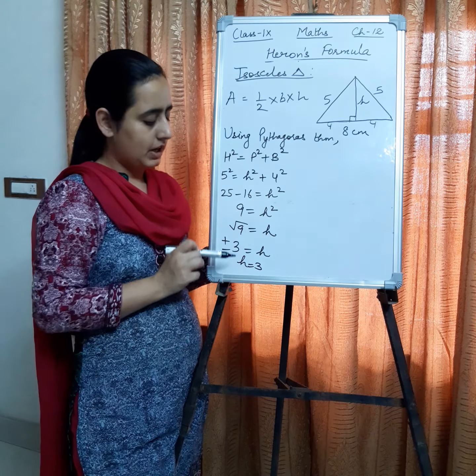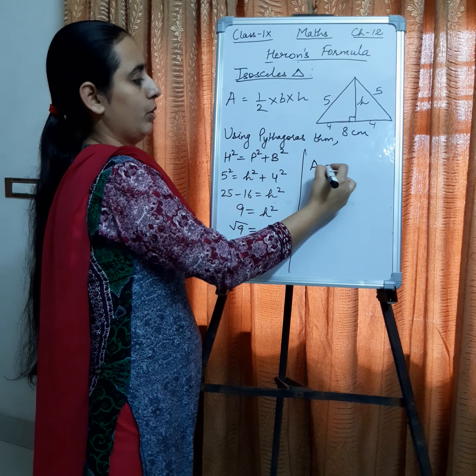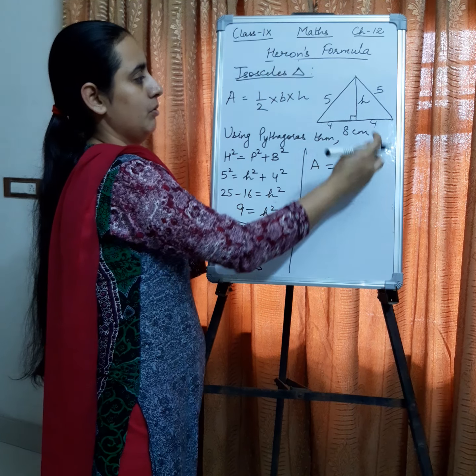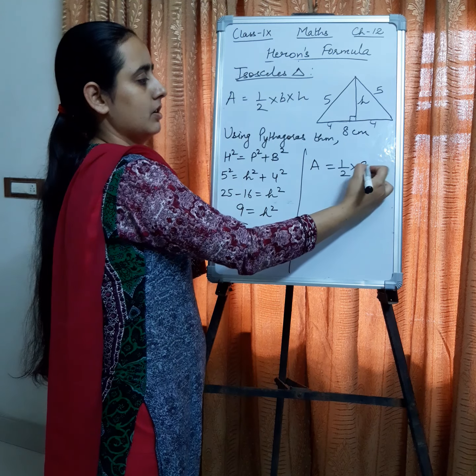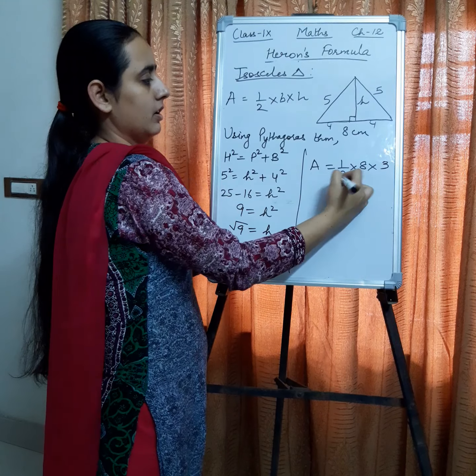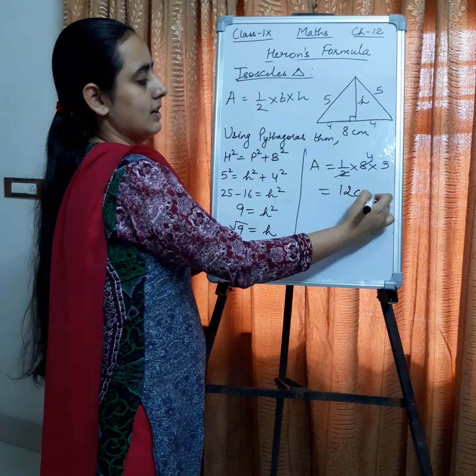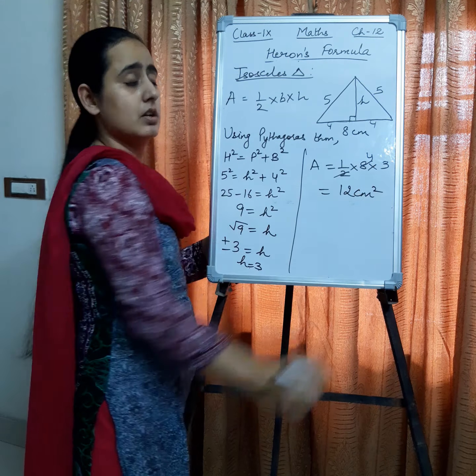Now we have calculated h, b we already know. So what will be the area? Half into b, base is 8, height we have calculated 3. So it will become 12 centimeter square.